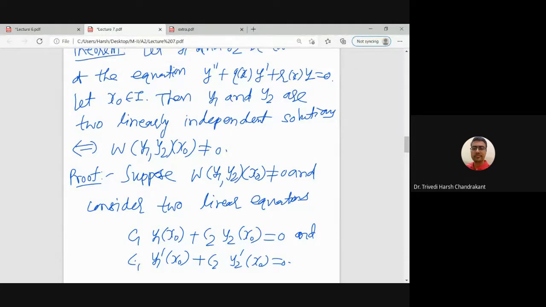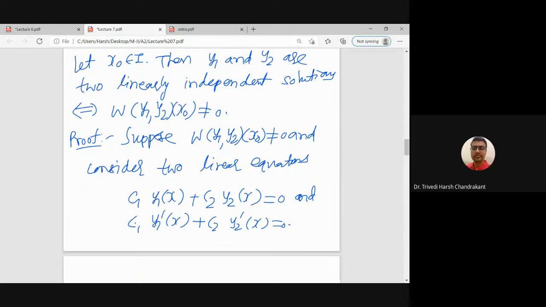For general x, basically we are considering this. If we substitute x naught in these equations, then we get these conditions.